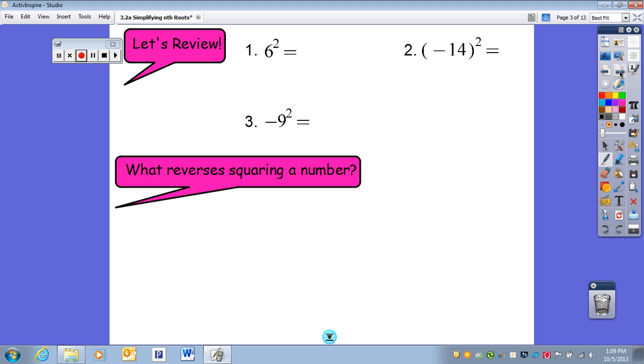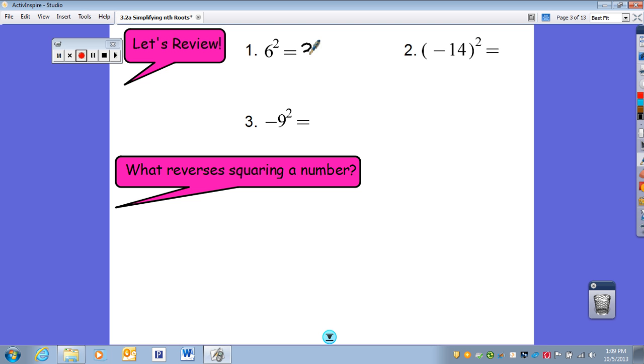So, let's review. 6 squared, that means 6 to the second power, is 36, 6 times 6. -14 squared, that means we're taking -14 times itself twice, and -14 times -14, a negative times a negative is a positive, and 14 times 14 is 196.